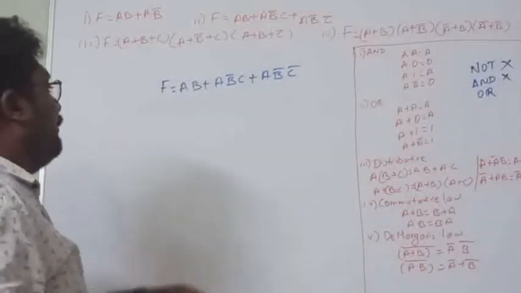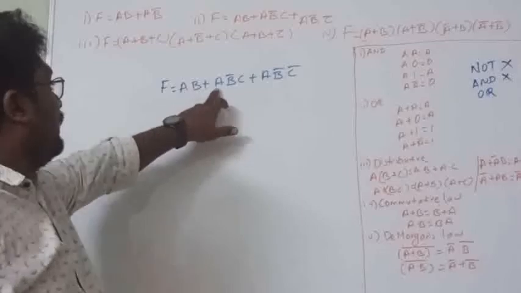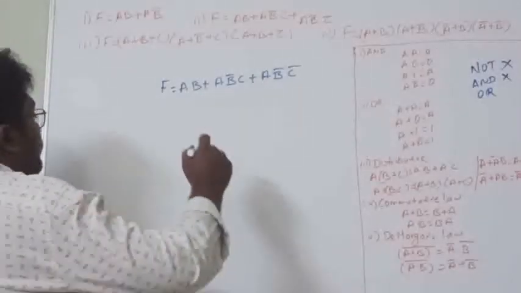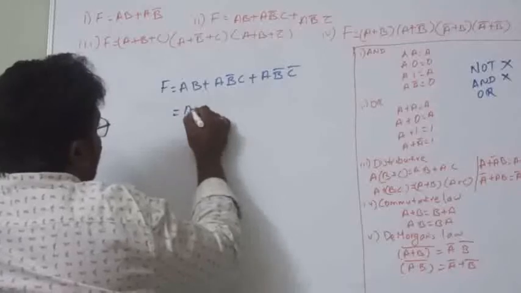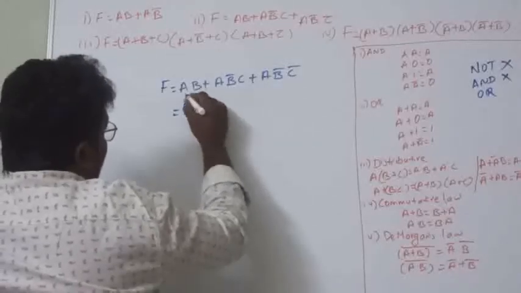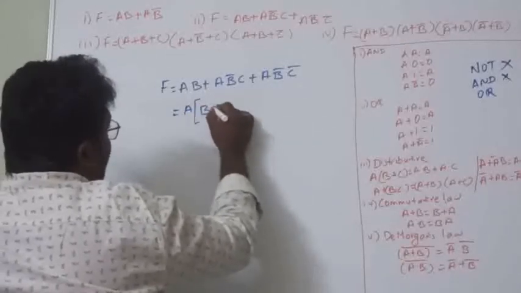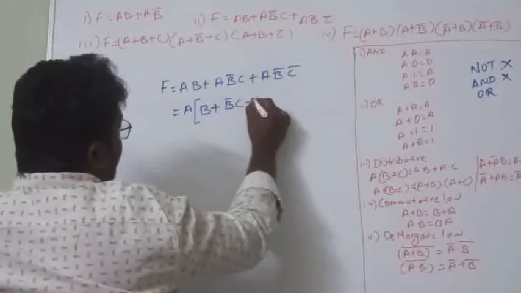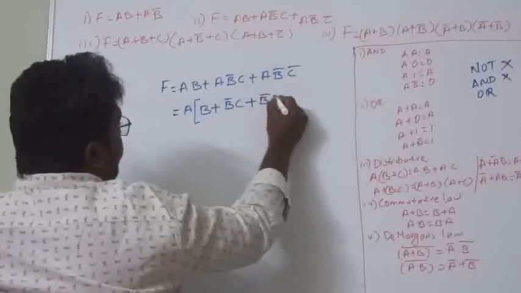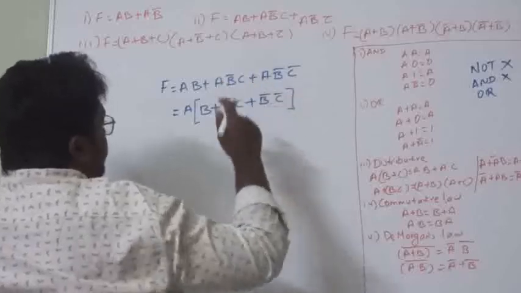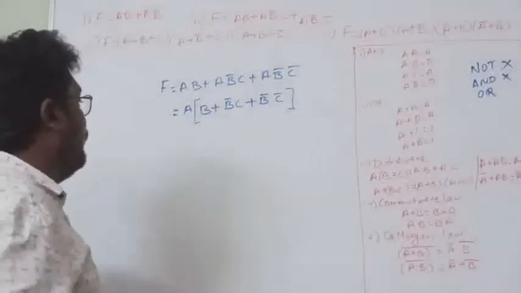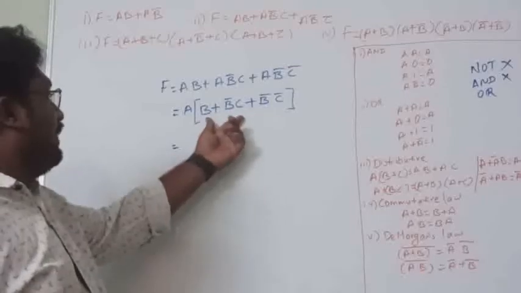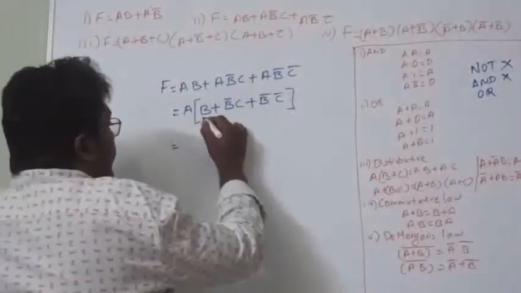Here we have A common in all three expressions, so take A as common, and here I am left with B, or B complement and C, or B complement and C complement.